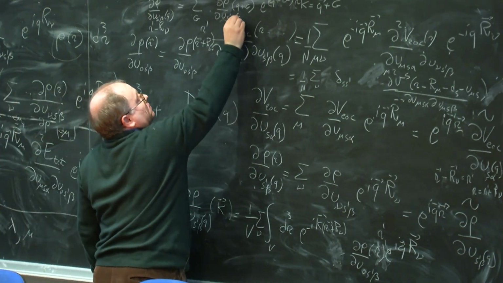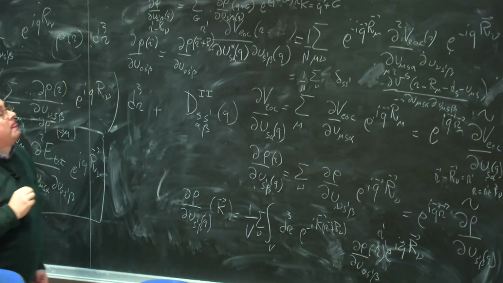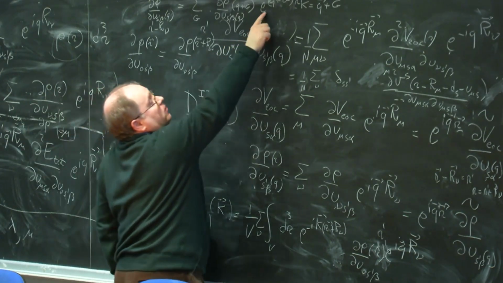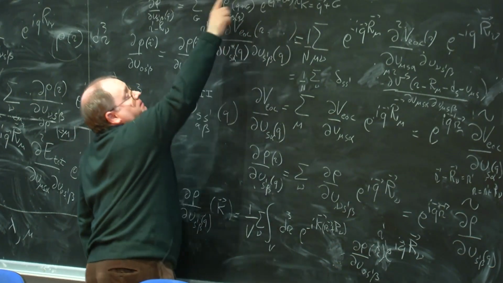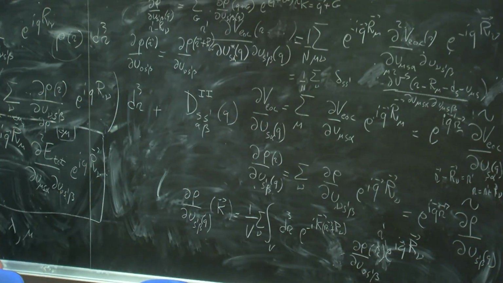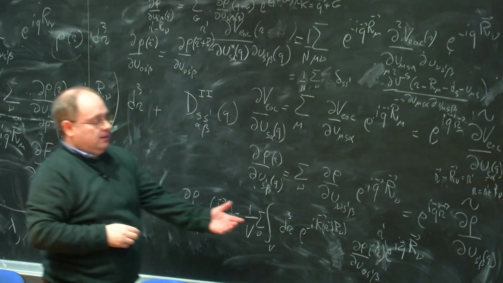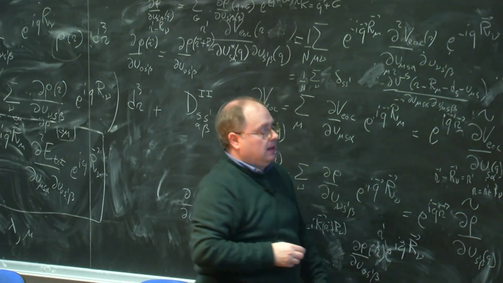And this is of q. So it is e to the i q r multiplied by a periodic function that is written in Fourier series, exactly as I claimed.